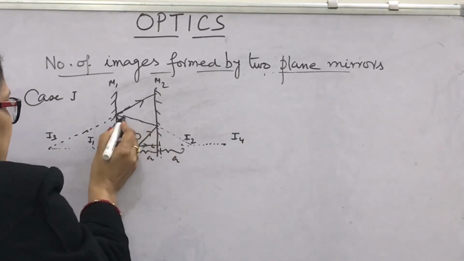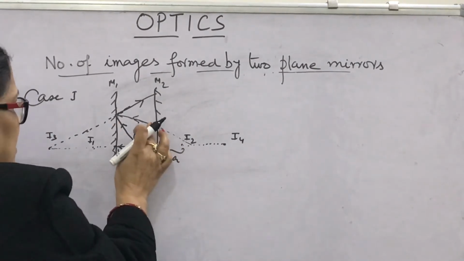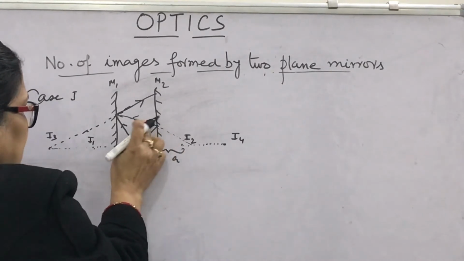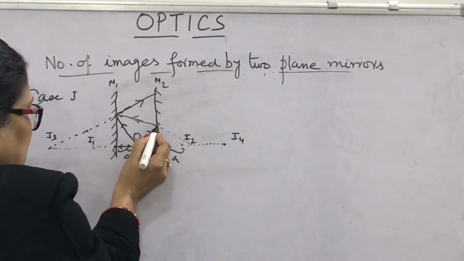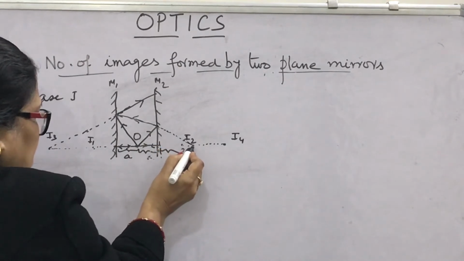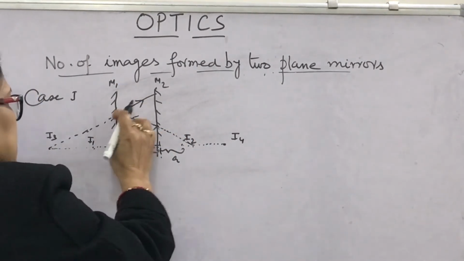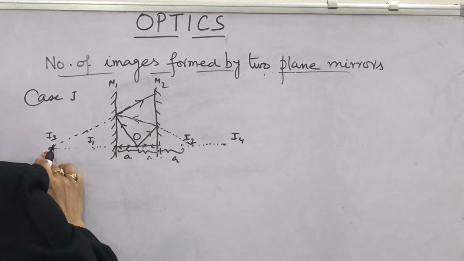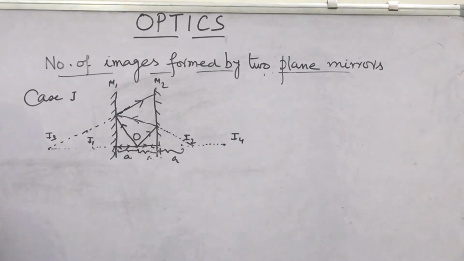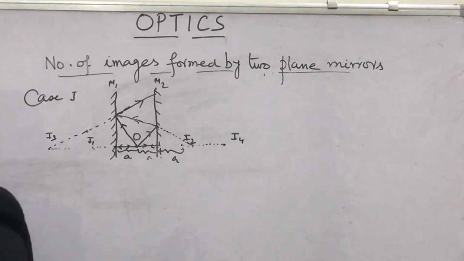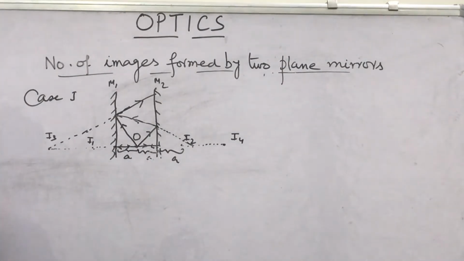So it is reflected like this, here coming from I2, and this is incident on M1, so it is reflected in such a way that it is coming from I3 and so on. So in this way an infinite number of images are observed.